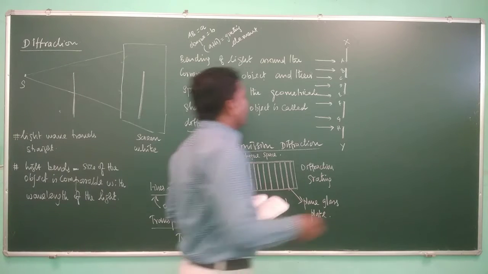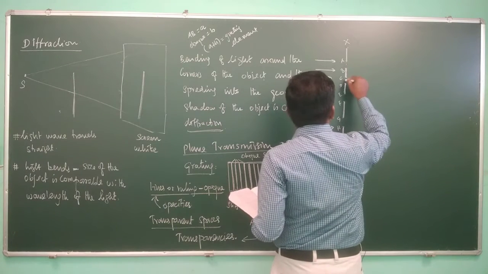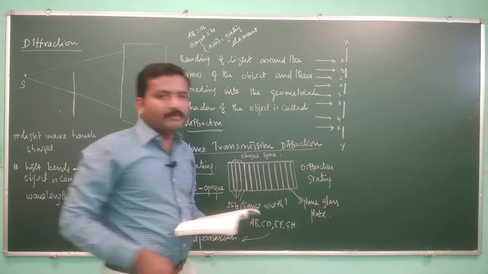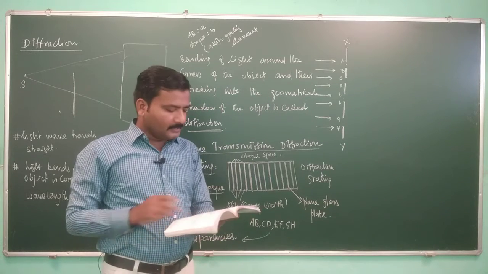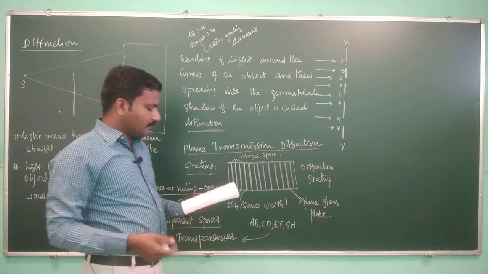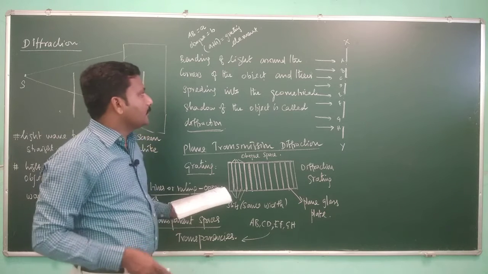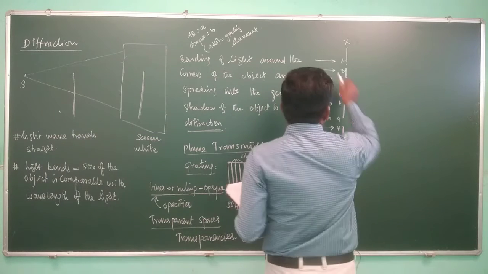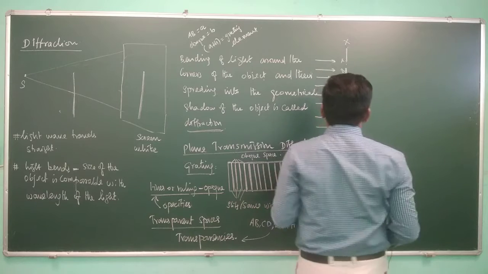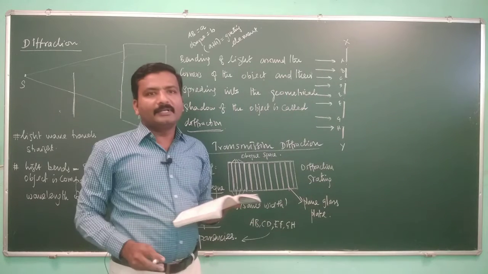The points, the center points in between the transparencies, are equally spaced. These points are called corresponding points. Now the light rays traveling into these transparent spaces will travel in a straight line.